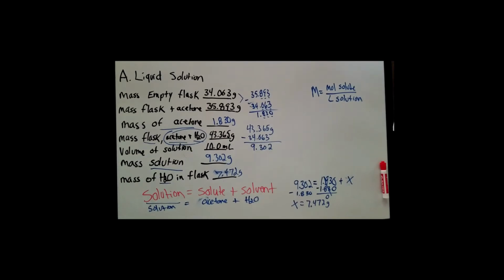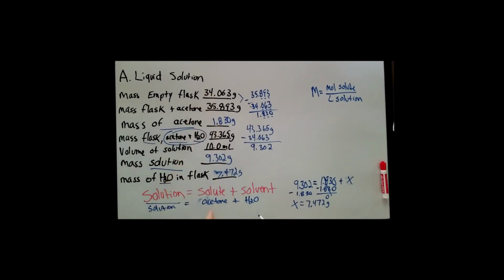And what we did is we took the solution and subtracted away the acetone to figure out what the water was. And you can even prove that to yourself. If you add the acetone and the water together, they should equal the total mass of the solution.